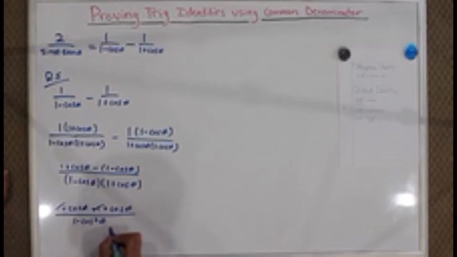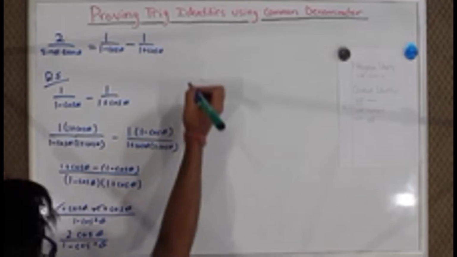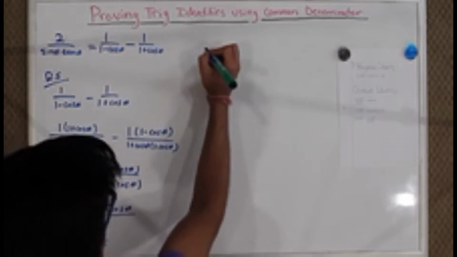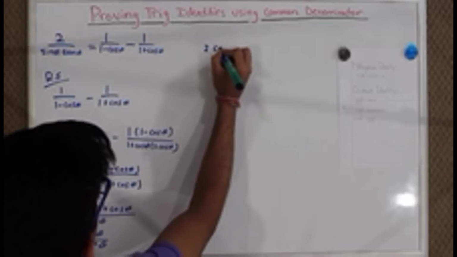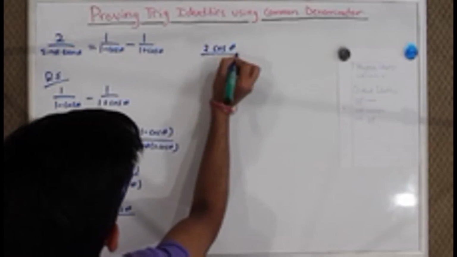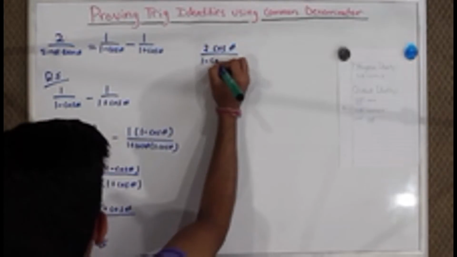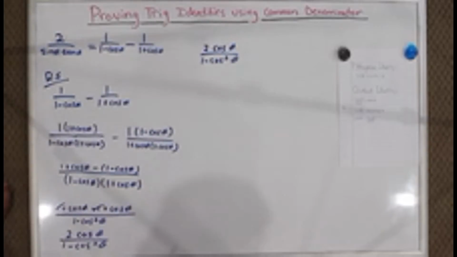Now this cos adds with this cos, so we have 2 cos theta over 1 minus cos squared theta. I'm going to bring this onto this side. So again we have 2 cos theta over 1 minus cos squared theta.